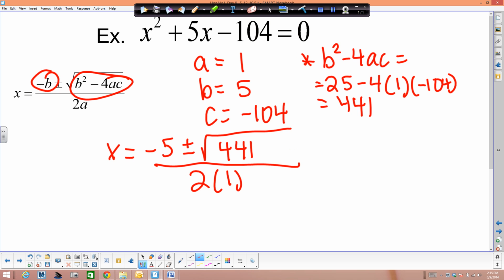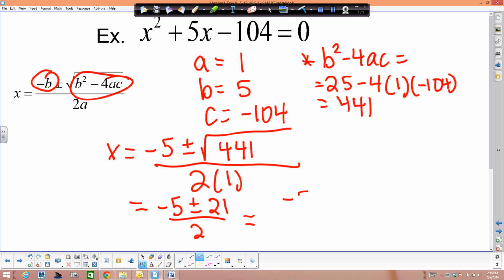So then if we simplify this, the square root of 441 is 21. So we got negative 5 plus or minus 21 all over 2. And so then we've got negative 5 plus 21 over 2 and negative 5 minus 21 over 2.